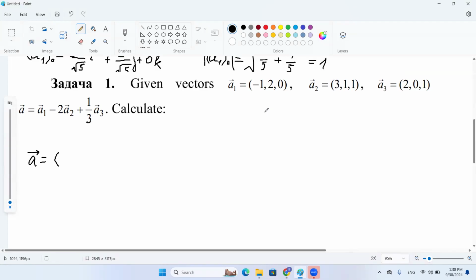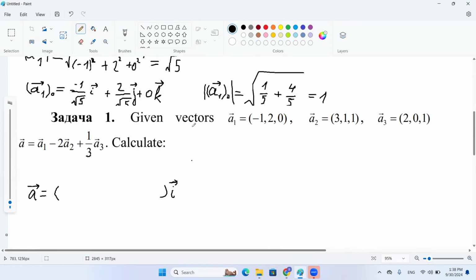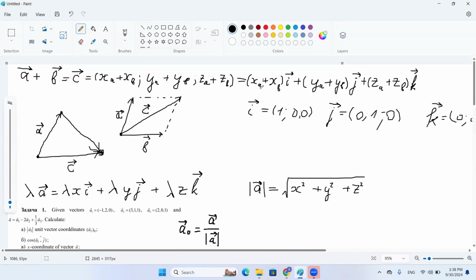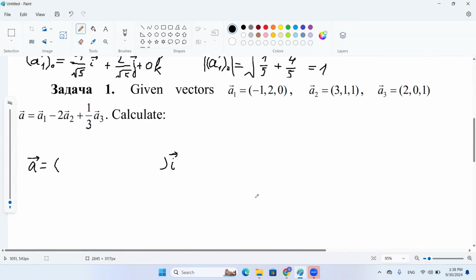Did you understand what I mean? Not really. So firstly, let's find the x coordinate, which is multiplied by i. So using this formula. I see.